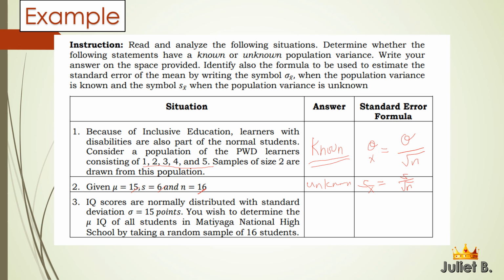Number 3. IQ scores are normally distributed with a standard deviation of 15. You wish to determine the mean IQ of all students in Matiaga National High School by taking a random sample of 16 students. So dito naman, kung i-analyze natin, ang given niya ay standard deviation at saka yung 16 students.